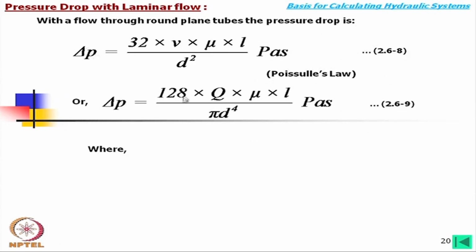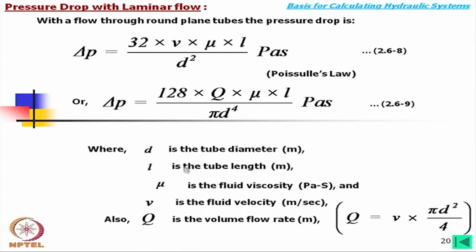If you convert this velocity into flow rate, then this equation will be converted into this. Here the area is equal to pi d square by 4. This is very simple. L is the length of the tube; you can see the parameters we have considered here.